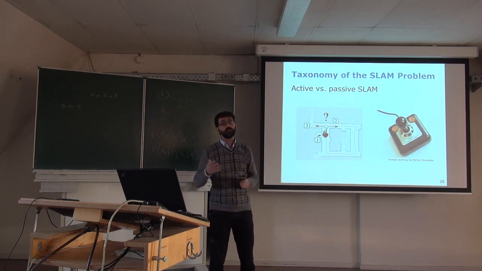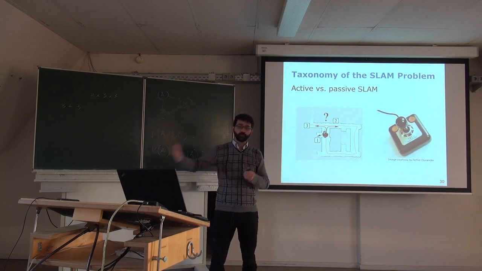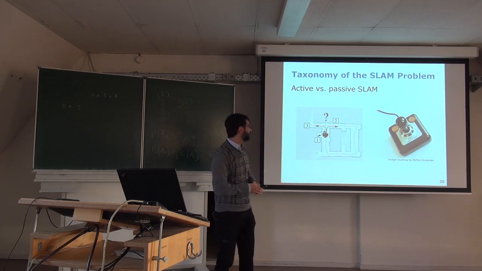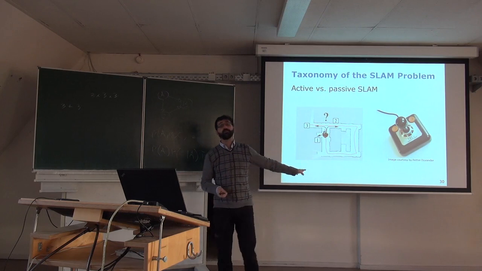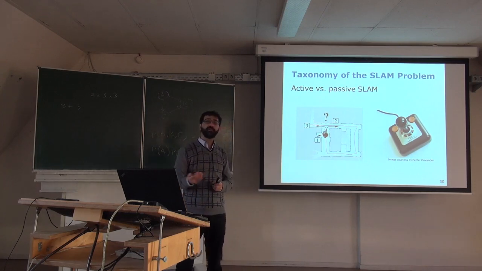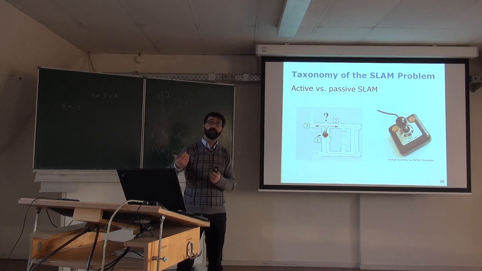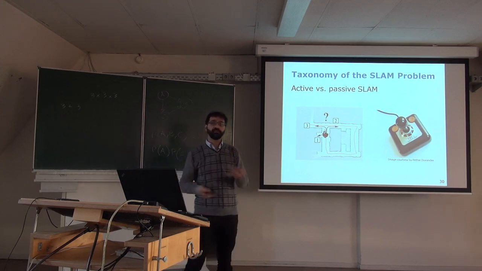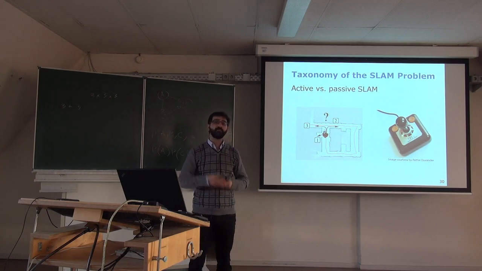This might be a more complicated problem because you put also a decision part inside, but sometimes it can also be easier from the estimation point of view, because you can force the robot to go into places that help it get a better understanding, like places where the uncertainty gets smaller and smaller. While if you let someone drive the robot, he might not know what's happening inside the robot, and he might drive it in very bad places, or maybe too fast, or in a way that is the hardest for the robot to understand where it is, okay?